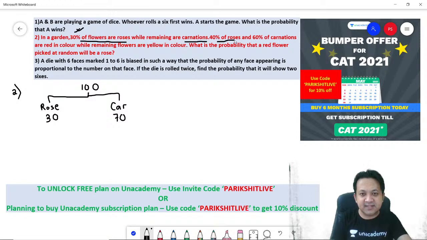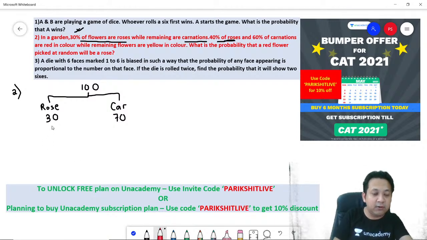40% of roses and 60% of carnations are red in color, while the remaining flowers are yellow. If 40% of your roses are red, how many of them are red? How much is 40% of 30? 40% of 30 is 12.